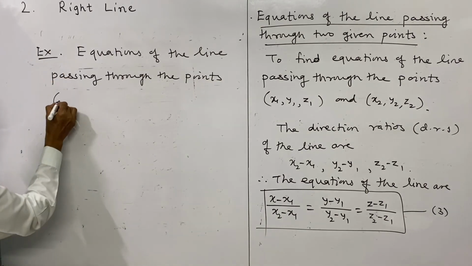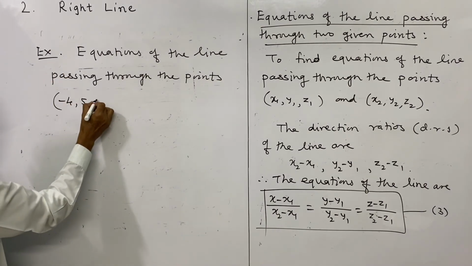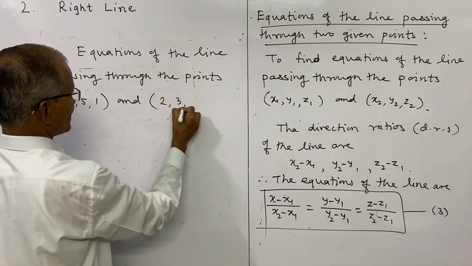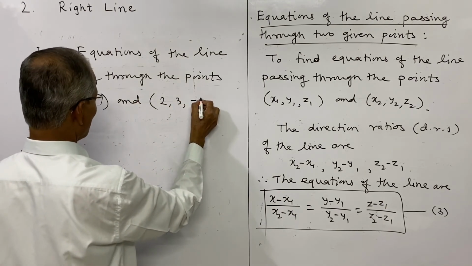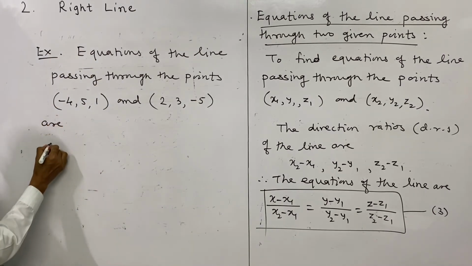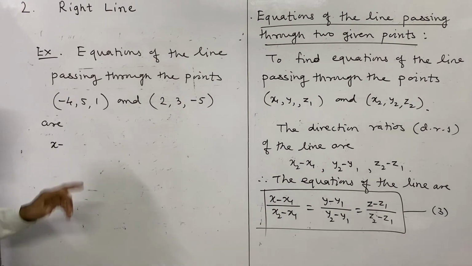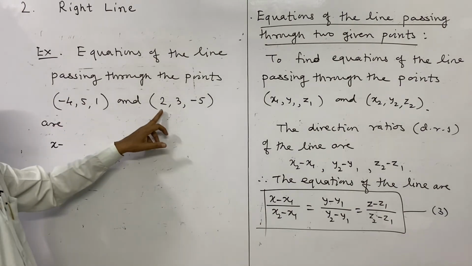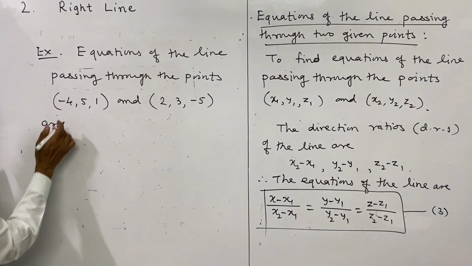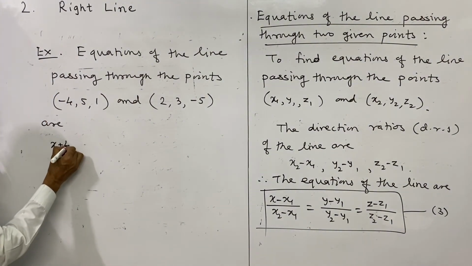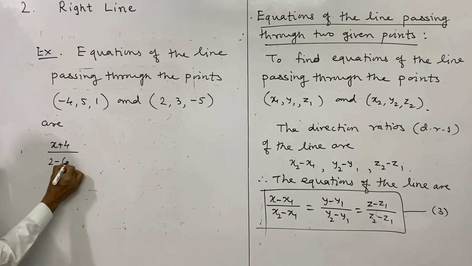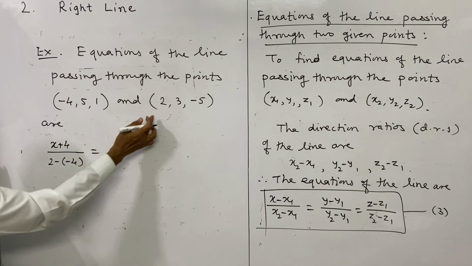Say the points can be considered as minus 4, 5, 1 and 2, 3, minus 5. Directly we can write, these are x1, y1, z1, these are x2, y2, z2. At the numerator we have to write x minus x1, which means x minus minus 4, which will be x plus 4, divided by 2 minus minus 4, x2 minus x1.